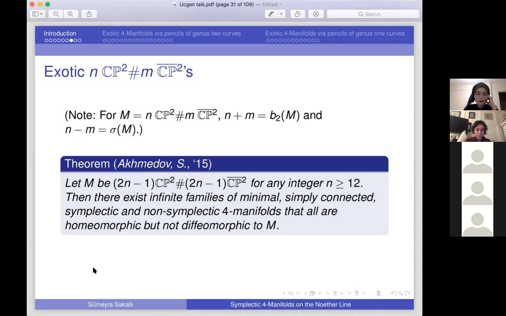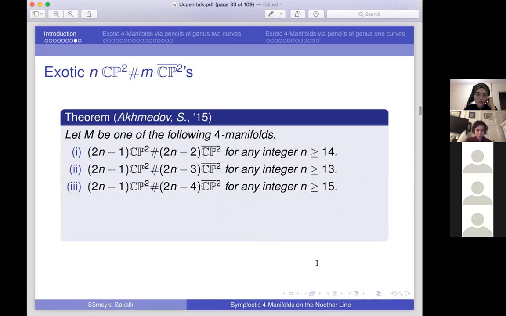And previously, this result was known for higher values of n, for n at least 25. And in our work, we have decreased that number by half. And in this same paper, we have another result. So let's say that M is one of the following 4 manifolds.